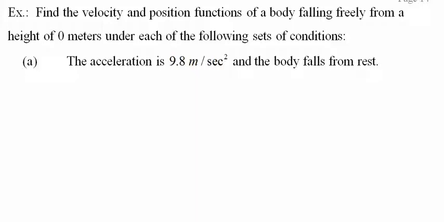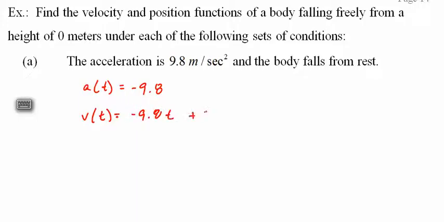Using the antiderivative. Well, if acceleration is, I got to put a negative in here even though it's not being shown, 9.8 meters per second squared, but I'm going to keep the units out of the way. Then the velocity is negative 9.8 t plus c, because if I take the derivative of that, I get the proper acceleration.